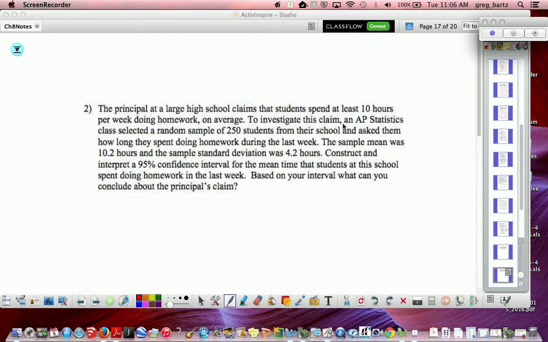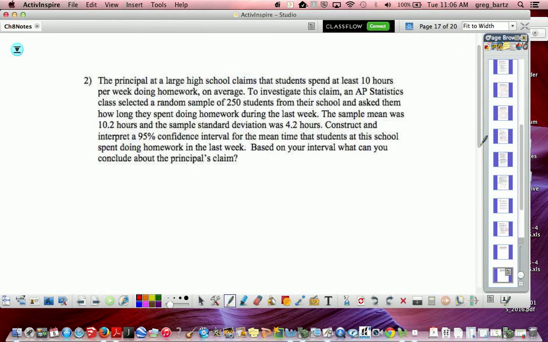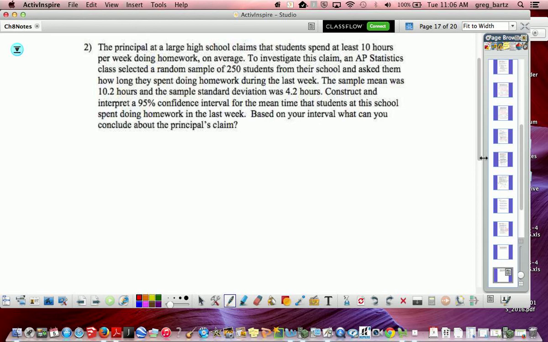All right, so we want to go through our 4 steps. The first one is the state. So we want to state what we're trying to find.